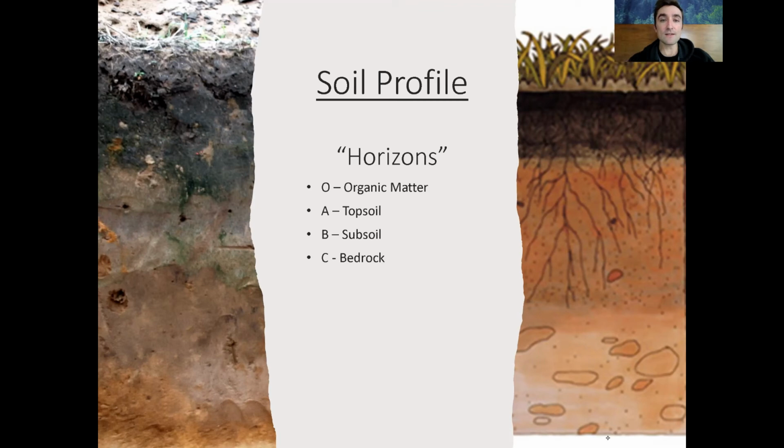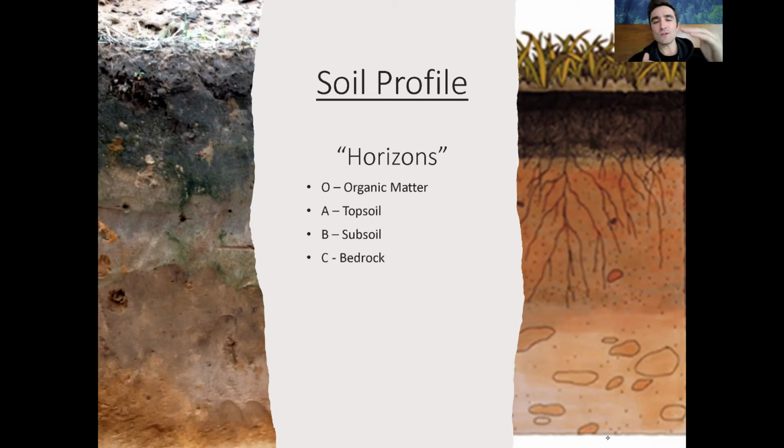So getting down to that B layer that I referenced being called subsoil, that's usually where it's kind of blocky and compacted, and the roots of your plants will still go into the subsoil, but it's hard to dig and the structure is just not very easy to work with for you or for your plants.